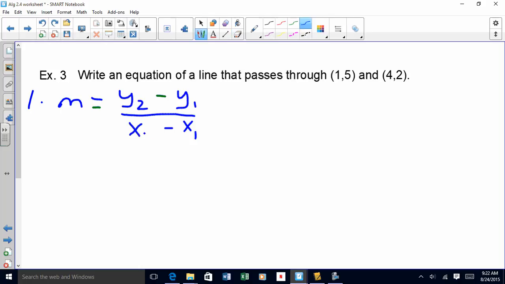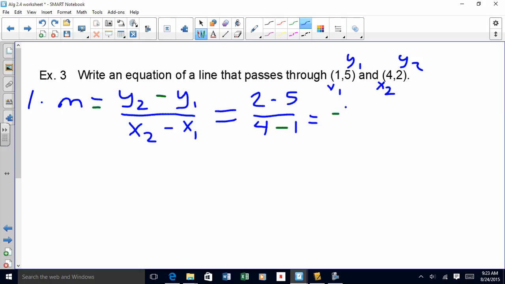There we go. So if we look at y2, I'm just going to say this is y2 here. It doesn't actually matter the order of the points. I could just list them in the other order and it wouldn't make any difference. So y2 is 2, y1 is 5, x2 is 4, x1 is 1, so I'd have 2 minus 5 is negative 3, 4 minus 1 is 3, that would be negative 1.